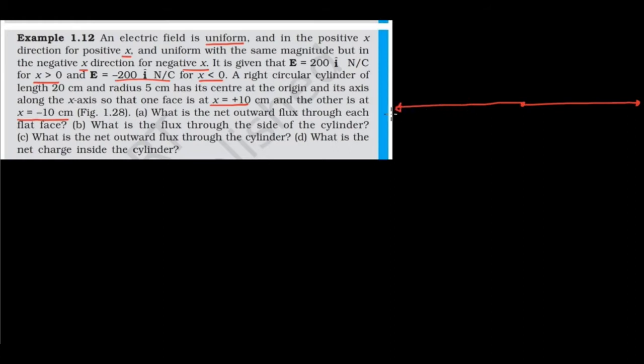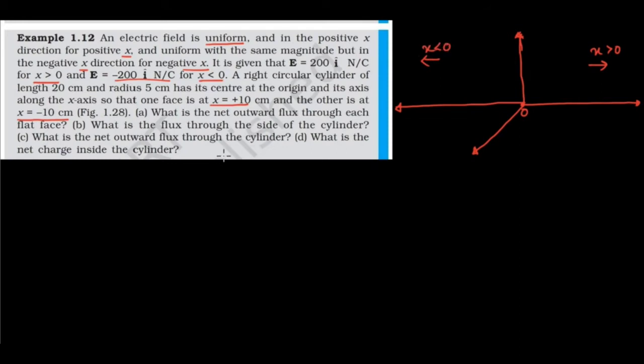This is the y-axis, and this is the z-axis. There is no need of y and z-axis because electric field exists only along the x-axis here. So O is the origin. Towards right x is positive and towards left x is negative.